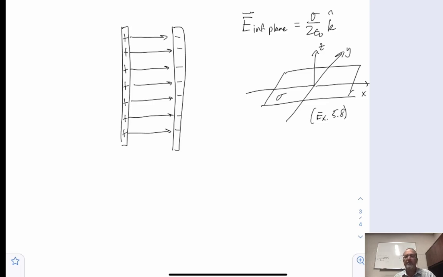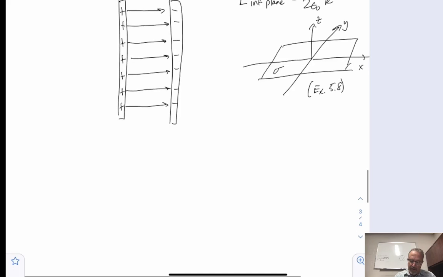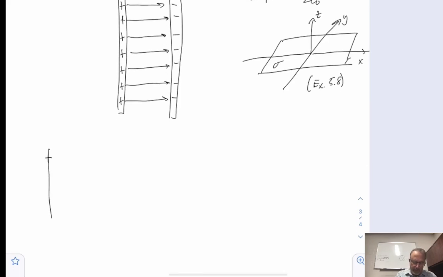one of the really nice things about electric fields is that you can use superposition to calculate the electric fields. So here's the thing: plus is an infinite plane of charge. I'd have electric fields over here and over here that look like that, and the electric field is plus sigma over 2 epsilon naught, where sigma is the charge per unit area.